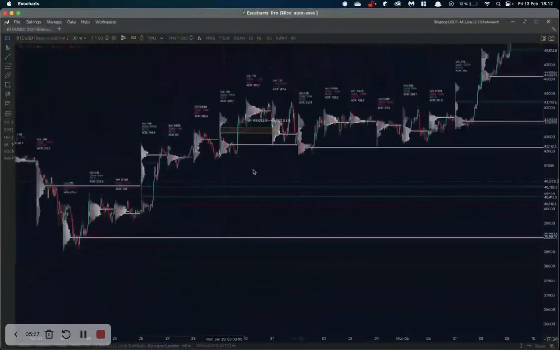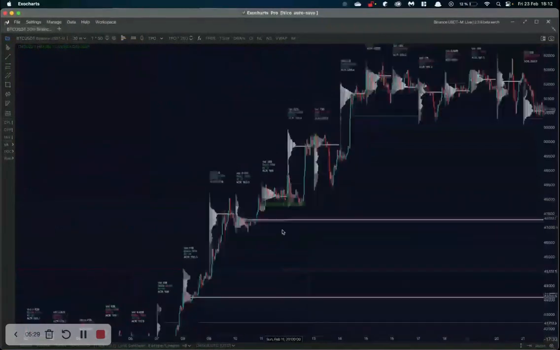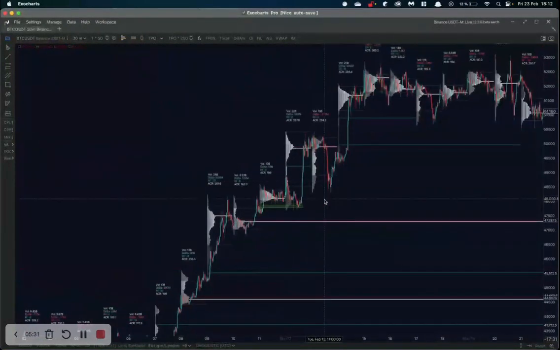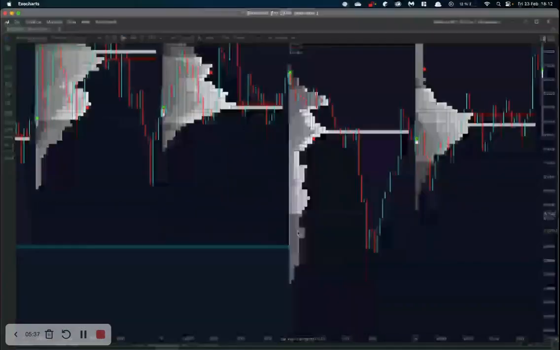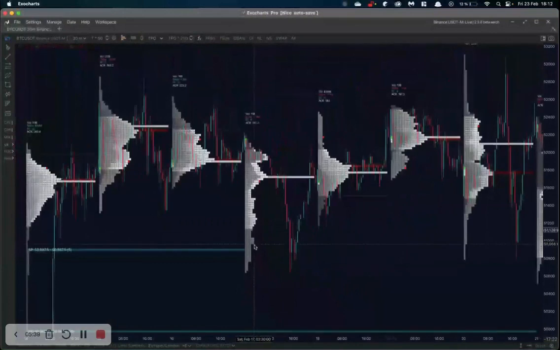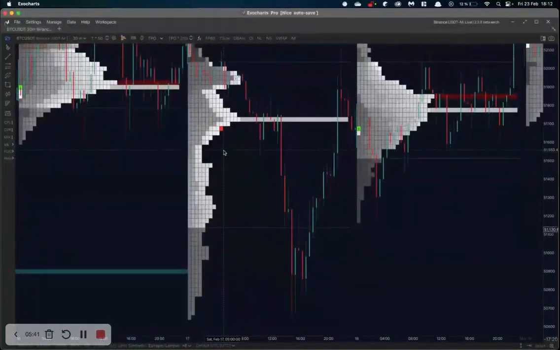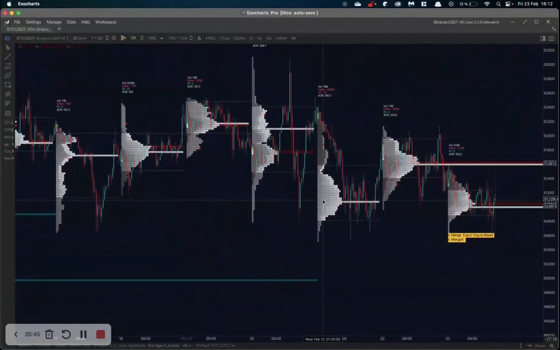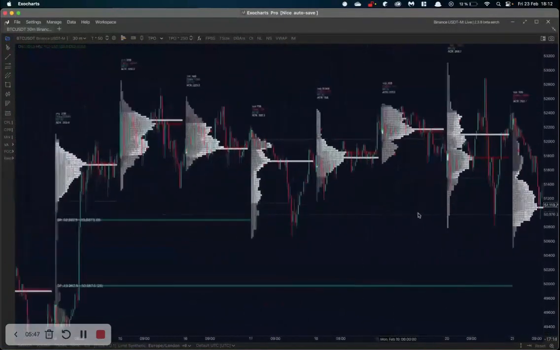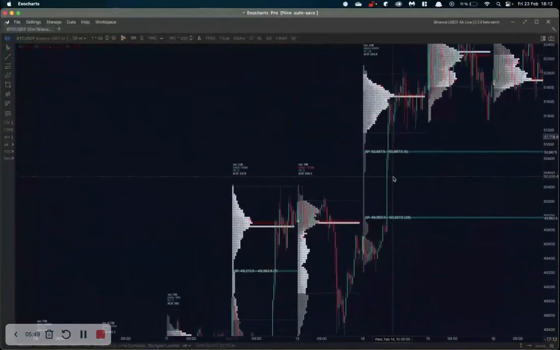Let's look for a pocket. Here's a pocket. It's actually multiple here. We'll look for one with a low volume node. Not too many on Bitcoin right now.